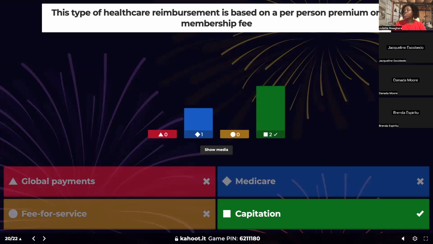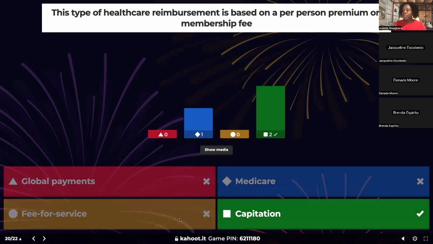All right, the answer was capitation. And let's see. So global payments is when a provider or a group of providers receive a lump sum of money that can be used to pay for a patient's care. Medicare, as you guys know, is just the insurance that is used for the elderly.